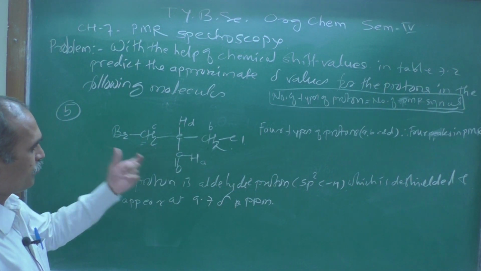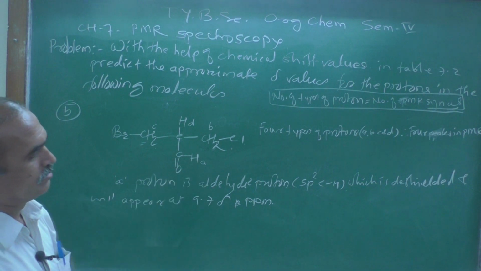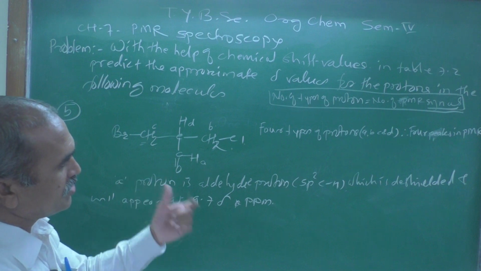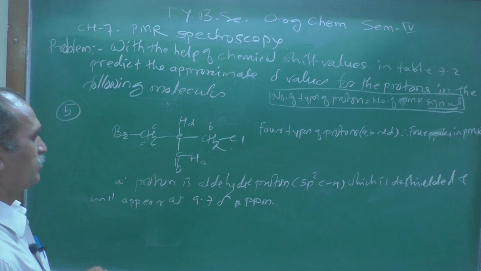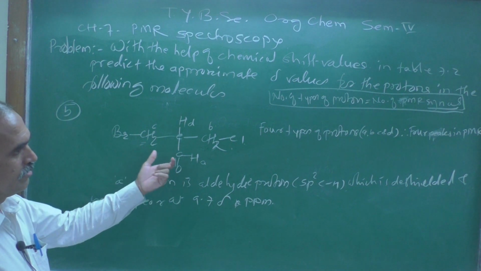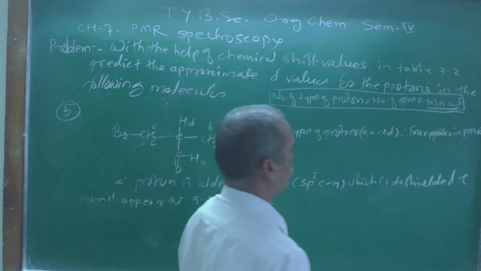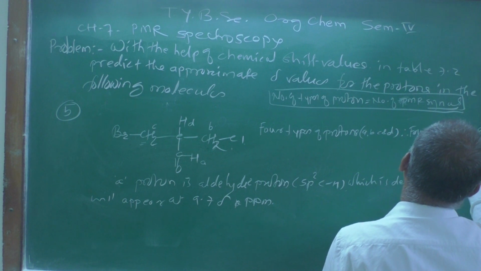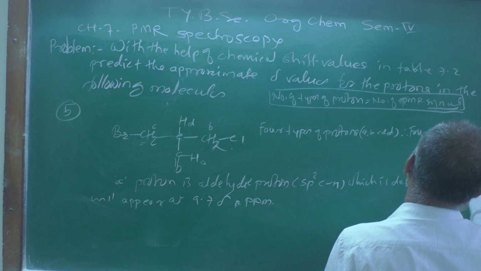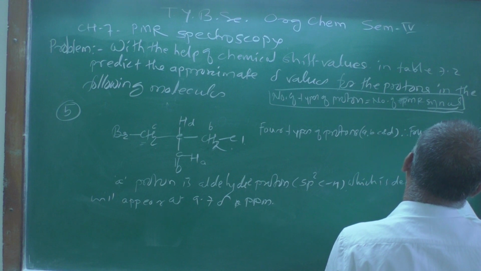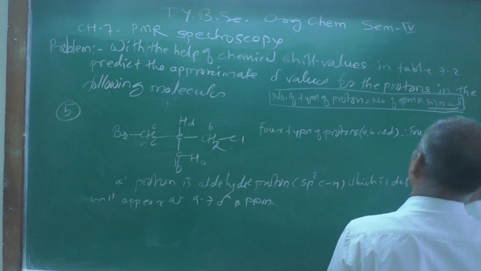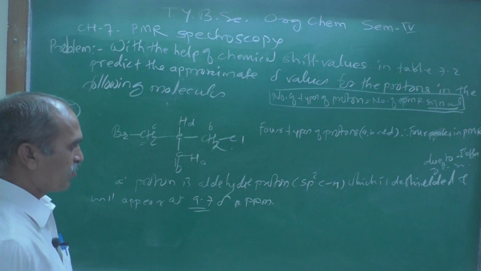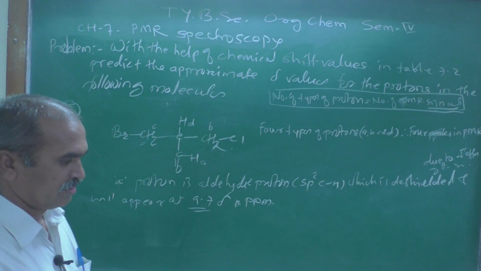Here A proton is the aldehydic proton, which is attached to the sp2 carbon and is de-shielded due to the minus I effect of the carbonyl group, and will appear at 9.7 or 9.5, approximately.